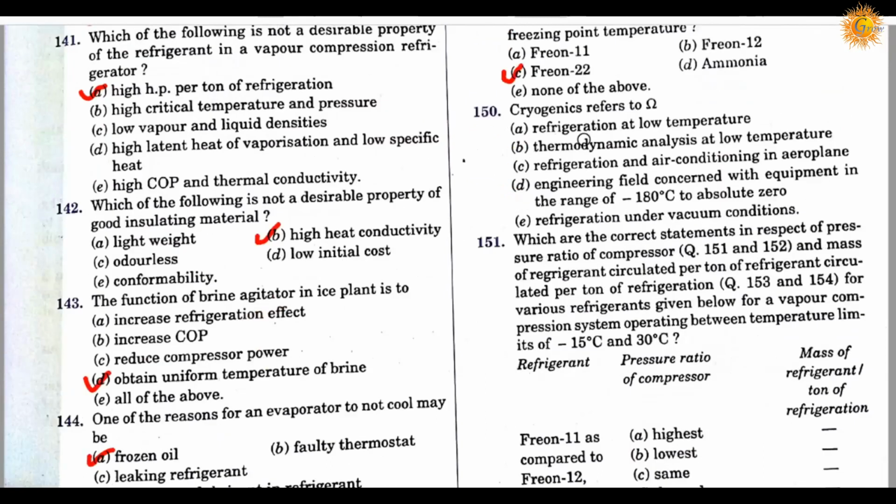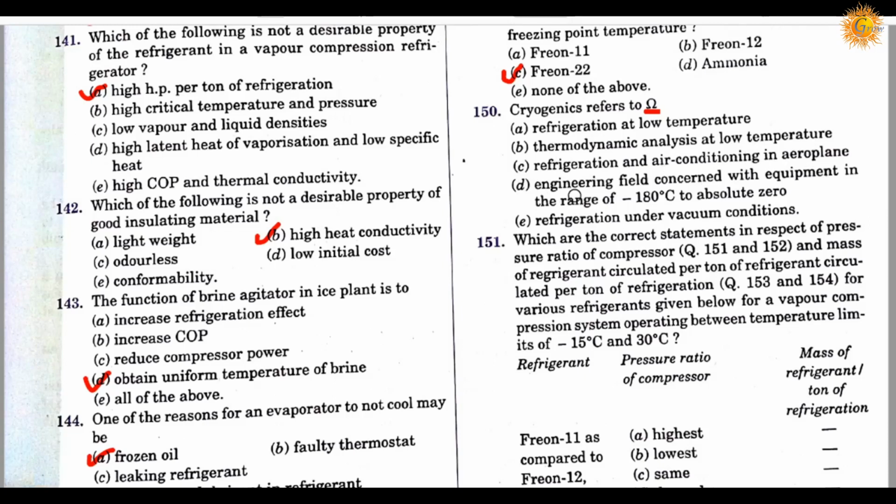Question number 150. Cryogenics refers to temperature, I think. Option A, refrigeration at low temperature. Option B, thermodynamics analyzed at low temperature. Option C, refrigeration and air conditioning in aeroplane.